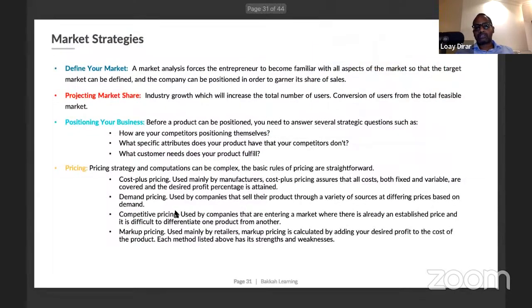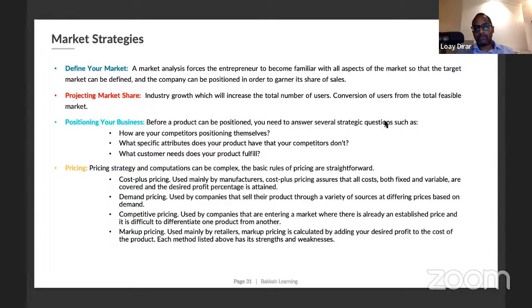Market strategies: we're still in the market strategies section. As part of your market strategies, you need to define the market clearly. Conducting a market analysis forces the entrepreneur to become familiar with all aspects of the market, so the target market can be defined and the company can be positioned in order to garner its share of sales.